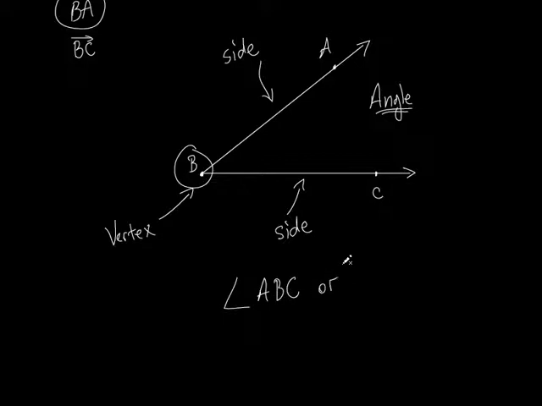Here's another way we could name it. What do you think? There's another. Could you say ACB? Why not? Because what has to be in the middle? The vertex. So the B has to be in the middle, but there is another way to name this. CBA. That's right. So I could name it angle CBA. All right. So it doesn't matter which order I go. I could go A, B, and C, or CBA.